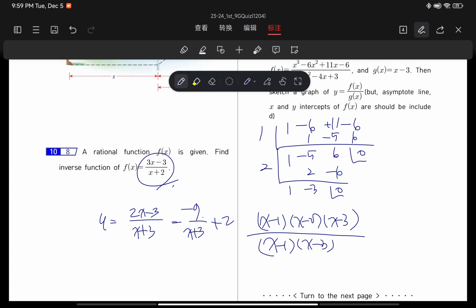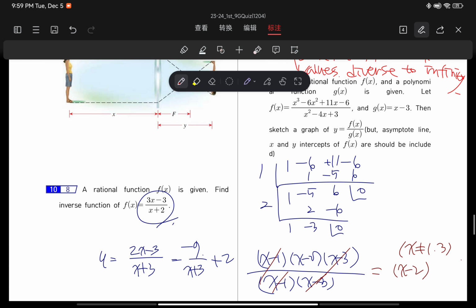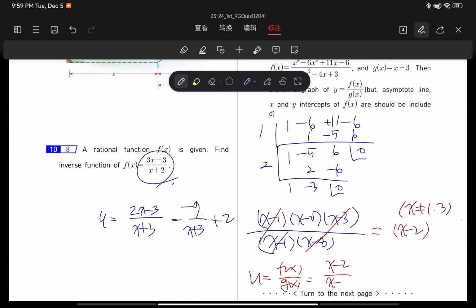So we can cancel, and the remainder is x minus 2. But x is not 1 and x is not 3. Anyway, the y equal to f(x) divided by g(x) equal to x minus 2 divided by x minus 3. Okay.